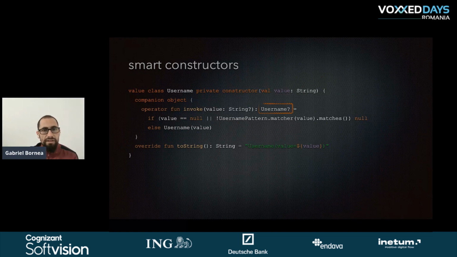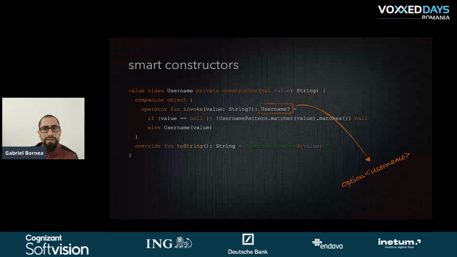You can think of it as being something like an optional of username, or an option from other languages. The important thing here is that this is built right into the type system. So I cannot treat it as a null value. I have to treat it as a nullable value, which is very good.